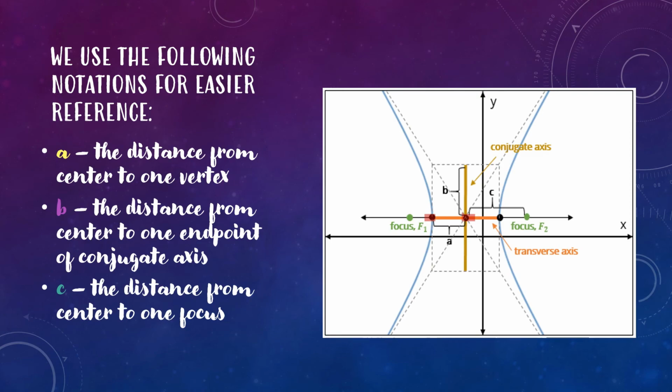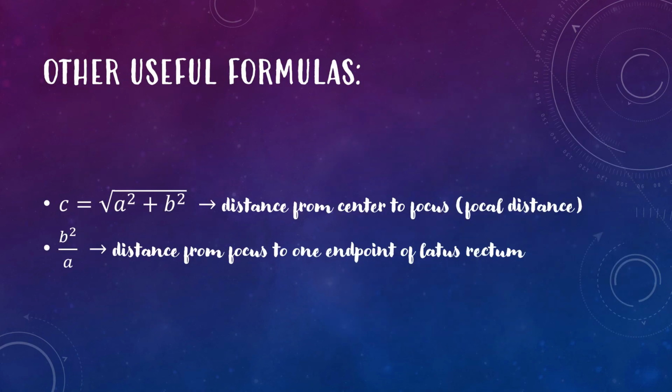So, from center to one endpoint of conjugate axis, that will be distance b. For distance c, the distance from center to one focus, or katong ginatawag nato nga focal distance. So, from center to one focus, that will be our distance c.